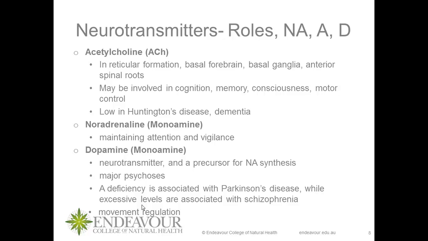Excess levels of dopamine are associated with schizophrenia, an example of a major psychosis. So dopamine, very important in movement regulation. Once again, we can work this out by looking at the diseases like Parkinson's, where movement regulation is dysfunctional.